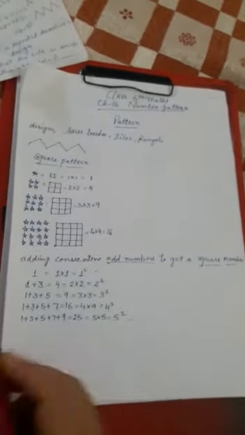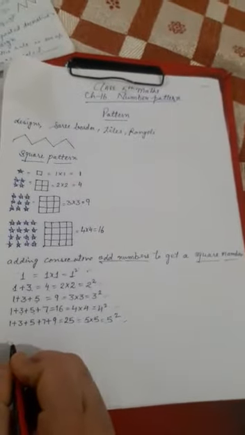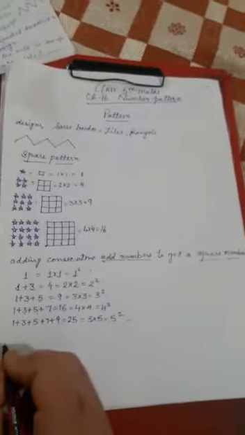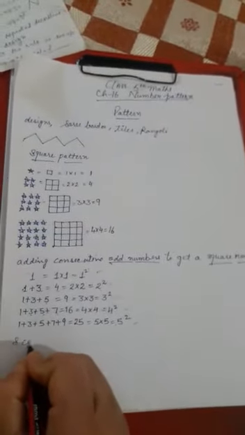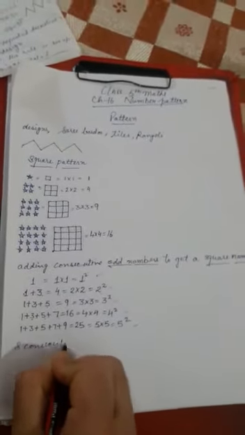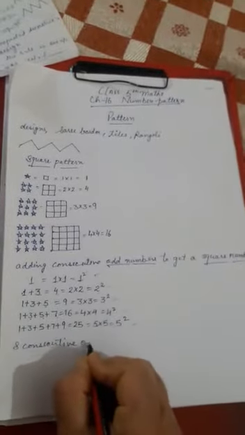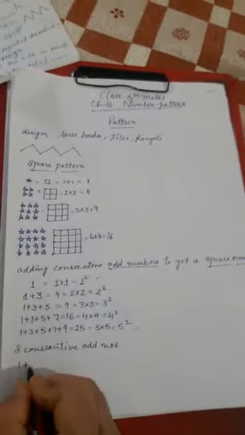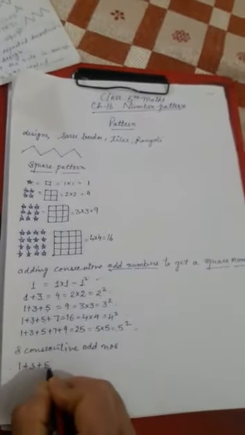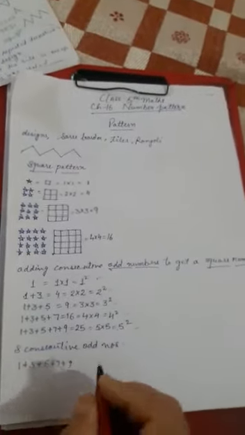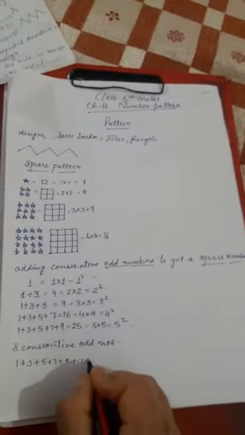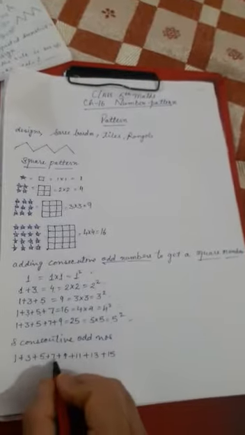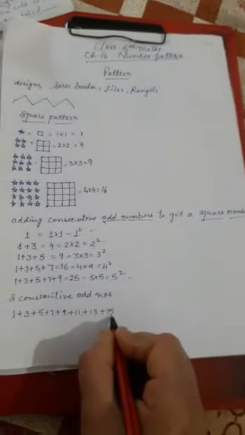Now next, I am taking the sum of 8 consecutive odd numbers. 1 plus 3 plus 5 plus 7 plus 9 plus 11 plus 13 plus 15. 1, 2, 3, 4, 5, 6, 7, 8.